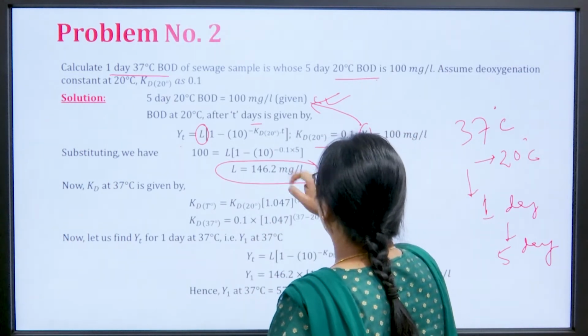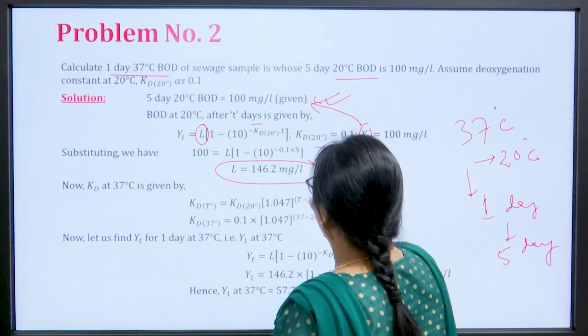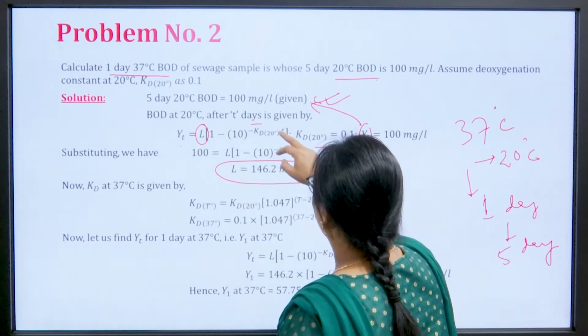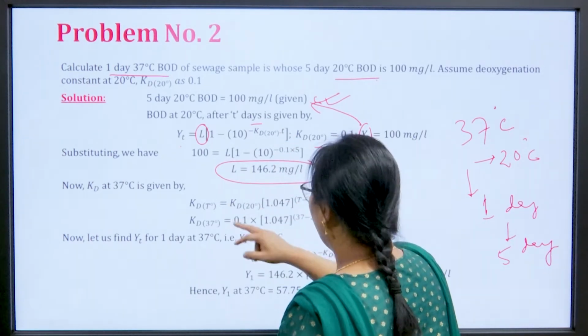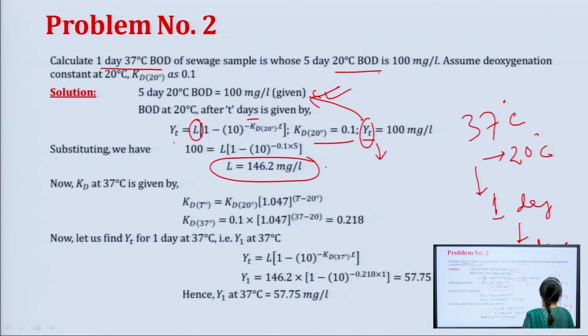Now, you have to substitute this at this particular temperature. But you require Kd at 37° centigrade.